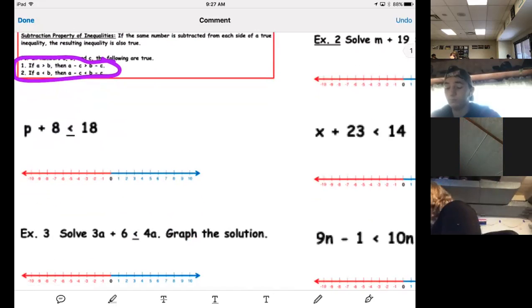So, we have P plus 8 is less than or equal to 18. What should I do to get P by itself? Garrett, what should I do to get P by itself?